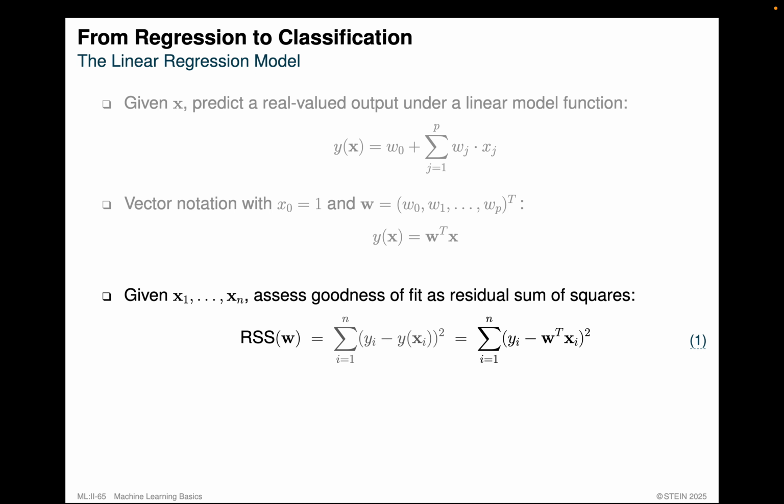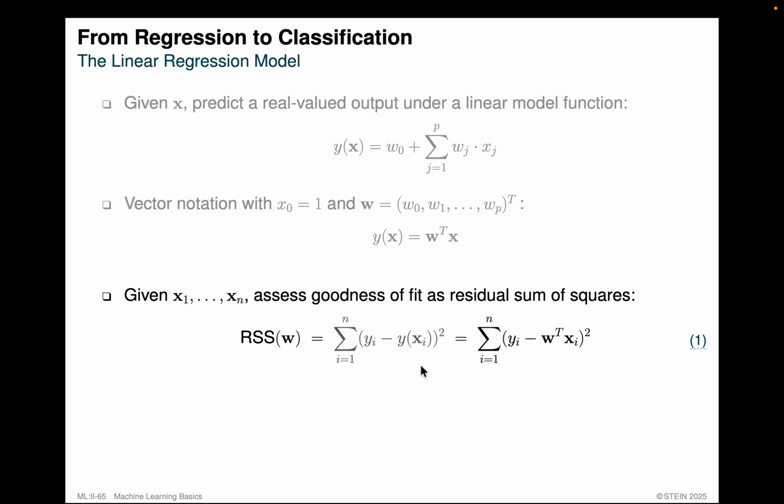If we are now given n different such feature vectors, we can assess how good a given model function with a given parameterization works as a predictor in our linear regression. For example, how well it works to predict the credit line of a customer. We can do this by simply computing the so-called residual sum of squares from the given parameter vector.